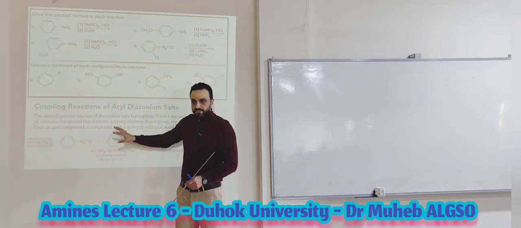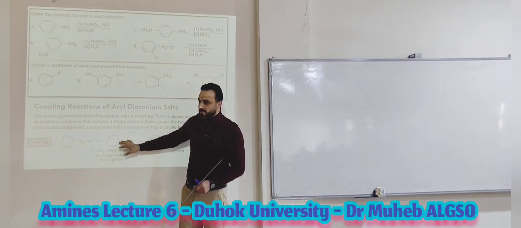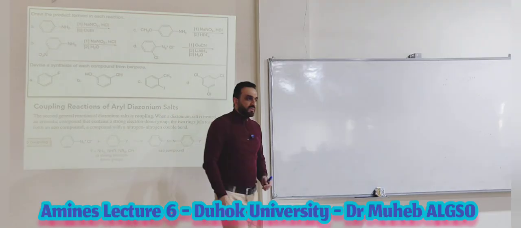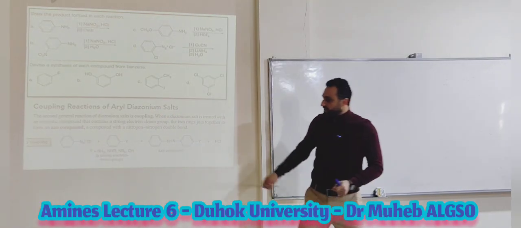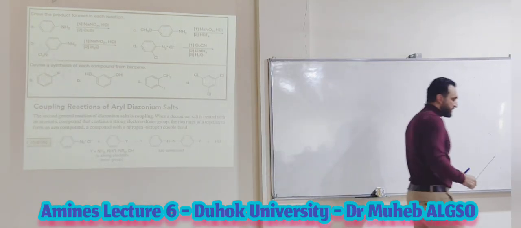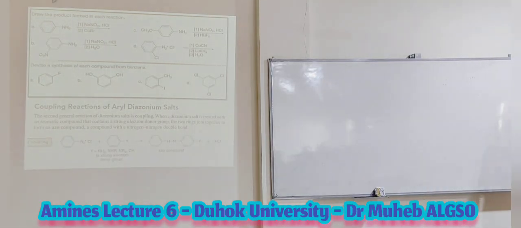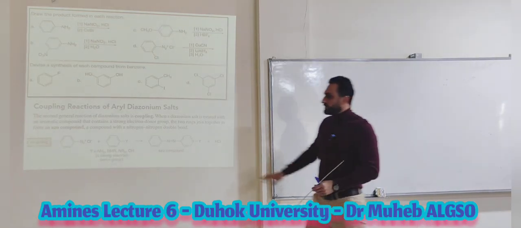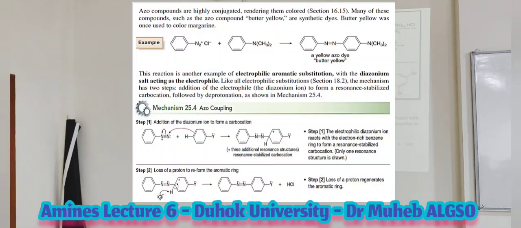So it is special to aromatic compounds. For this reason, we said this part must be aromatic, because the mechanism is electrophilic aromatic substitution. Is it clear for you? Clear? No notes. Okay.